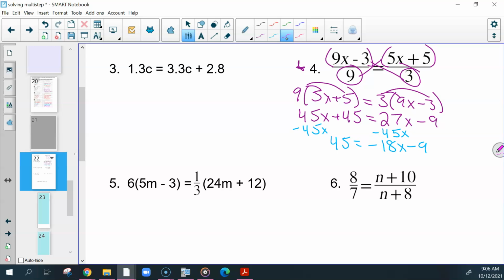How are we going to move 9 back over here? We have 54 equals negative 18x, and then divide. I'm just rewriting it because I made a mistake.